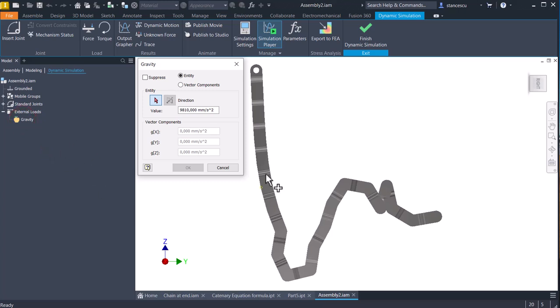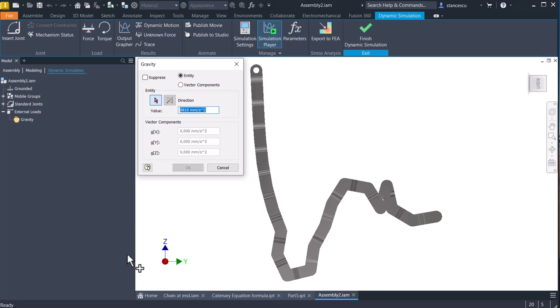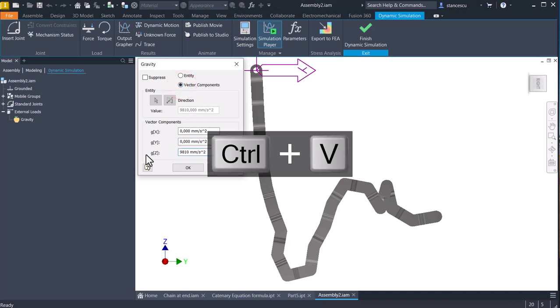Gravity, I don't have a vertical line here, so I copy the gravity acceleration, copy, and use vector components, paste.